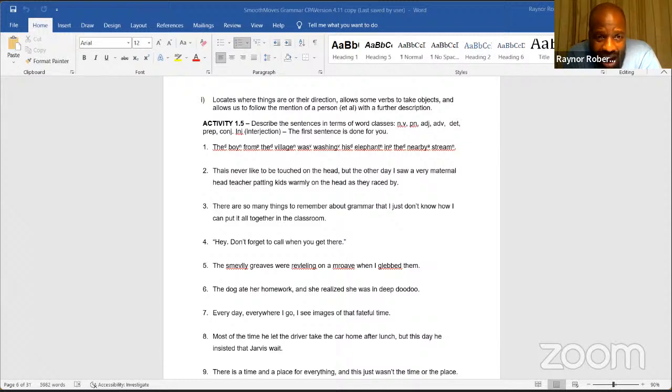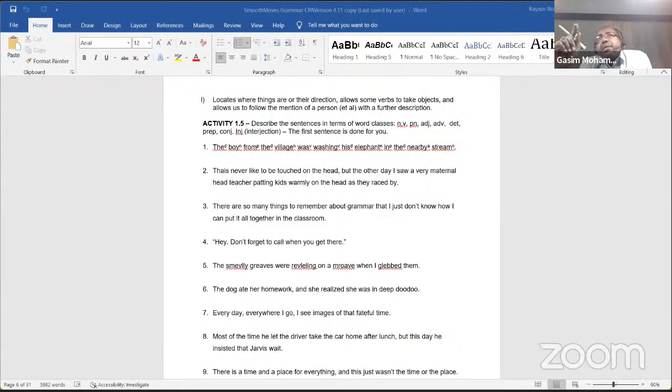I don't know how I can put it all together. "All" and "together" are modifying what word? Okay, wait.